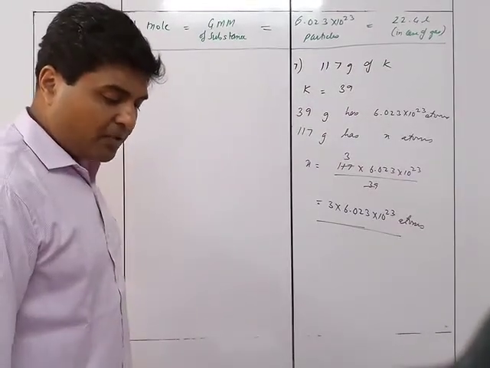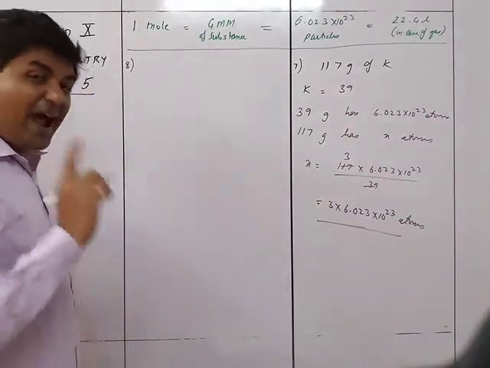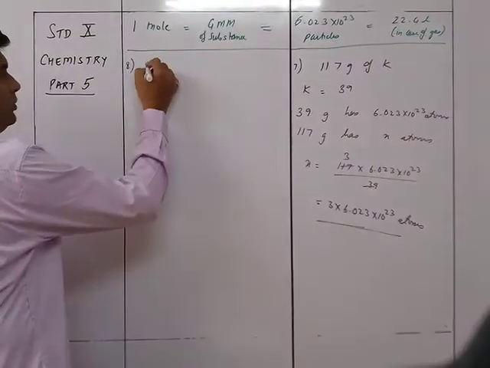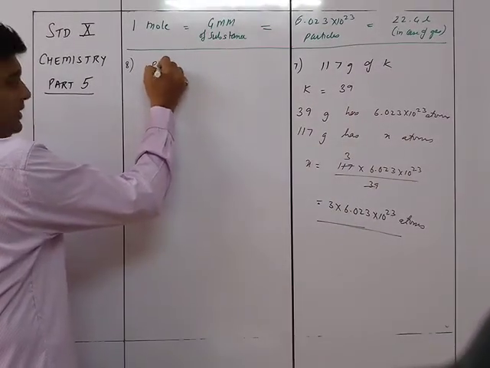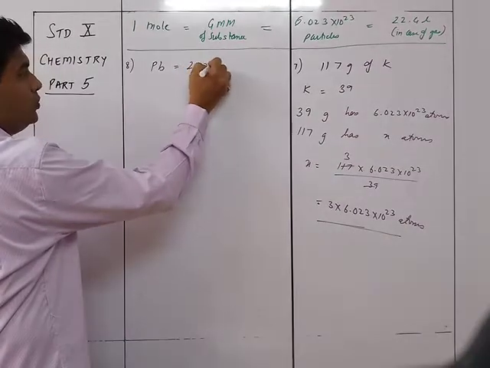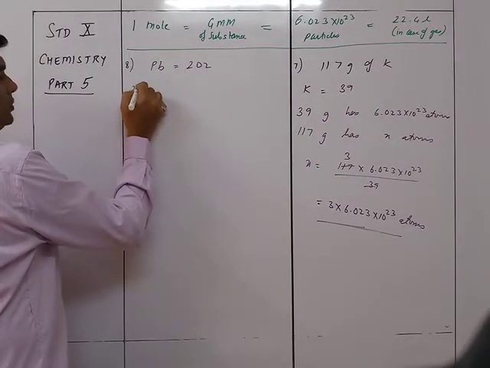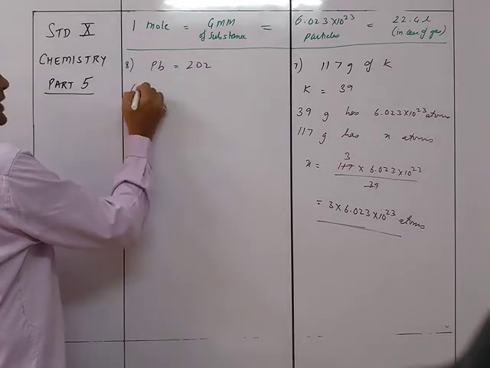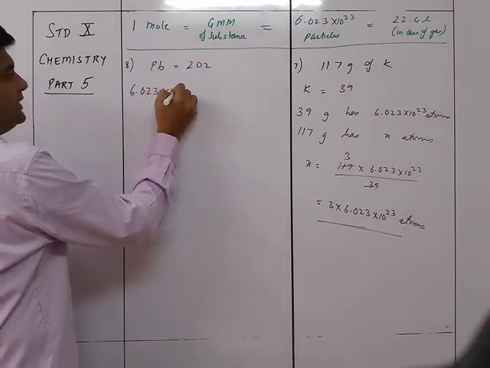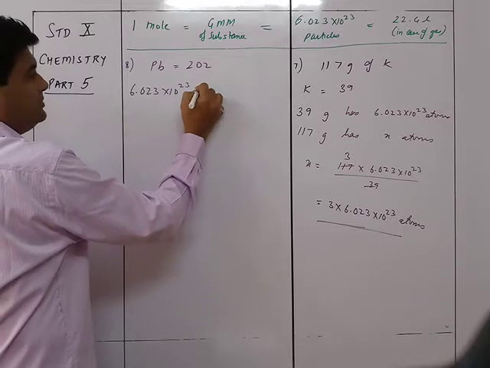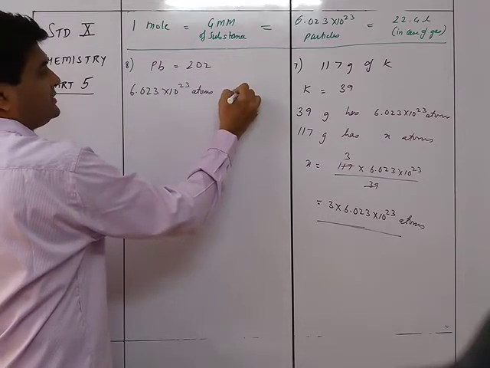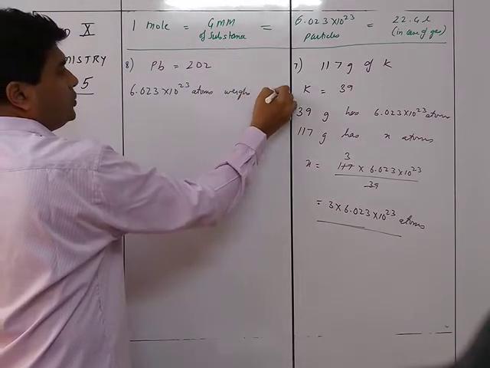The mass of an atom of lead. Okay, so we get lead, Pb, is equal to 202. Therefore, we can say that 6.023 into 10 raised to 23 atoms weighs 202.